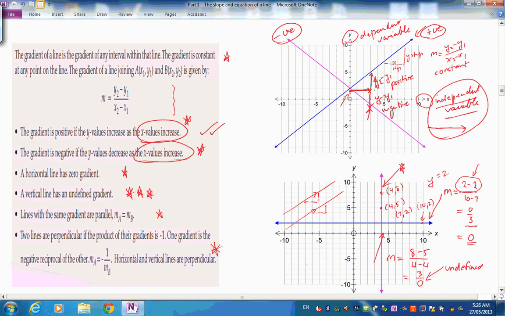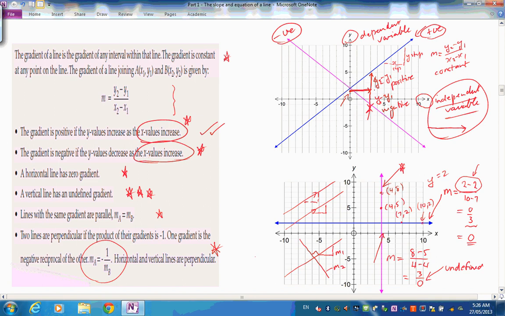If two lines are perpendicular at 90 degrees, this is a bit harder to prove. We'll have a look at it later on. Their y-step on their x-step has a special relationship. So if you call this one a slope of m1, then this one's slope, if it's m2, one is minus the reciprocal of the other.